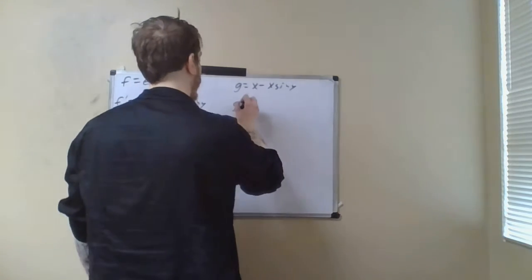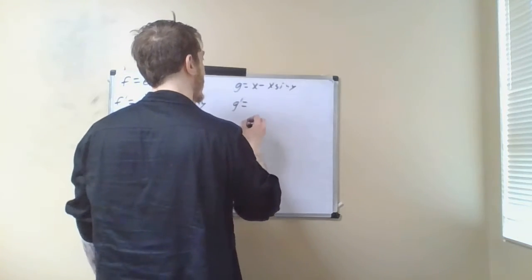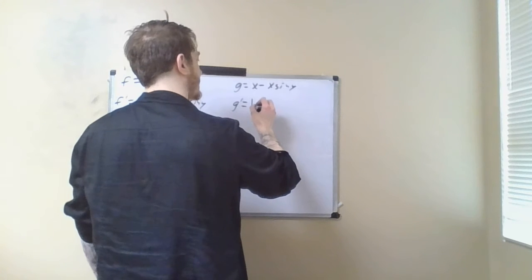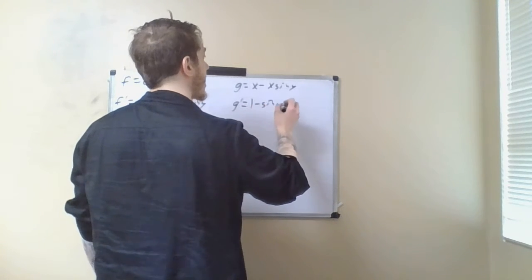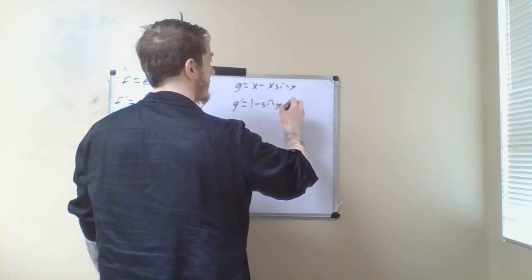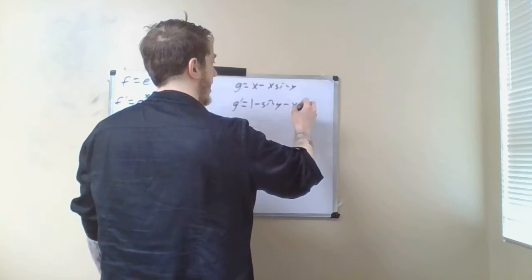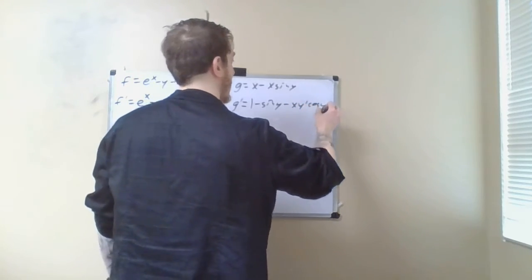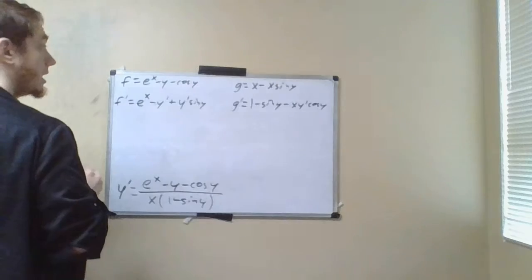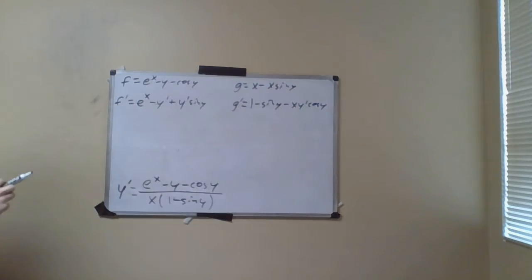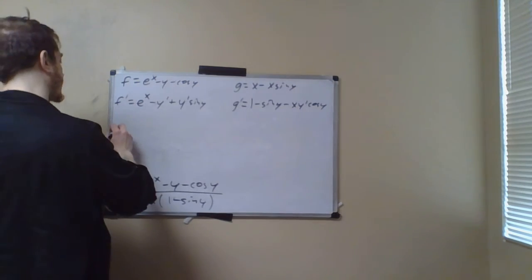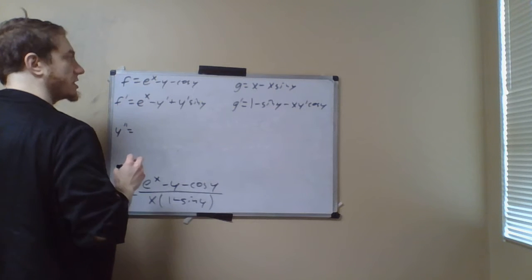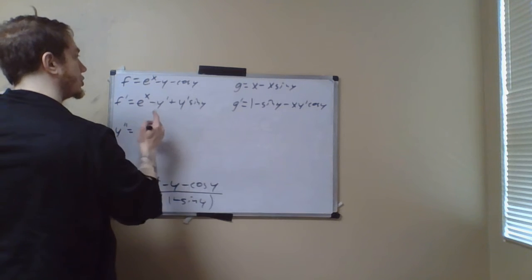Because then g prime is going to be equal to 1 minus sine y minus x y prime cosine y. So now we put all of this stuff together and we can say y double prime is going to be f prime times g.